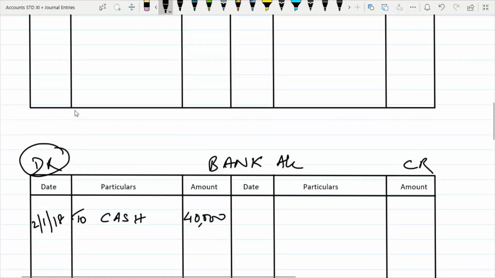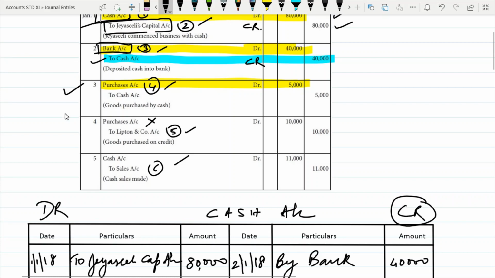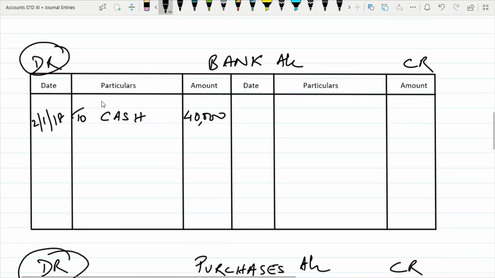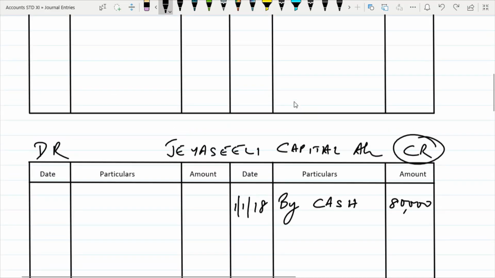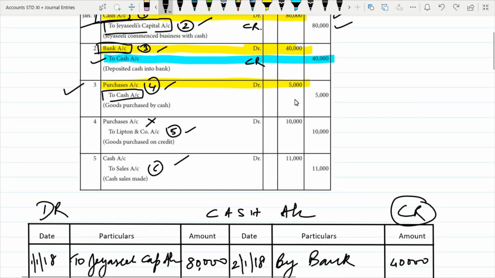Let us see. So what we write is to cash. So in purchases, we shall write to cash. I will just repeat. Purchases we do not write here. Why? Because we are writing it in the ledger of purchases. Okay. So we have to write the opposite one. So therefore we are writing cash.